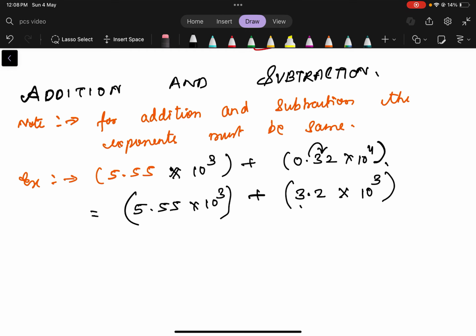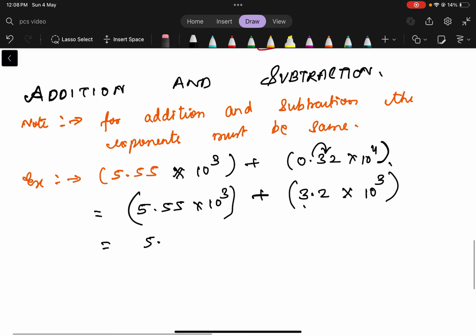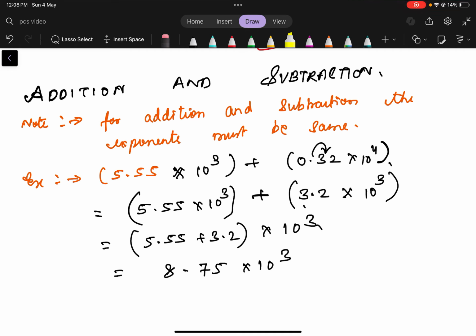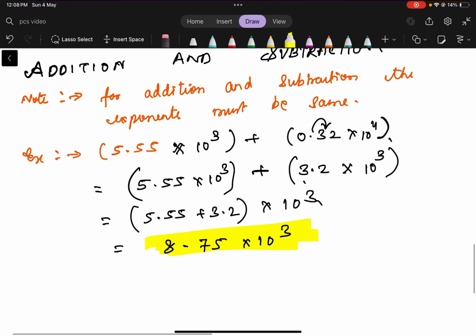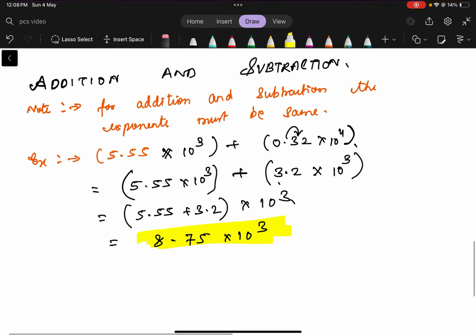And what we will do is we will add 5.55 plus 3.2 into 10 to the power 3. It comes as 8.75 into 10 to the power 3. So this is the correct answer for addition. Right.